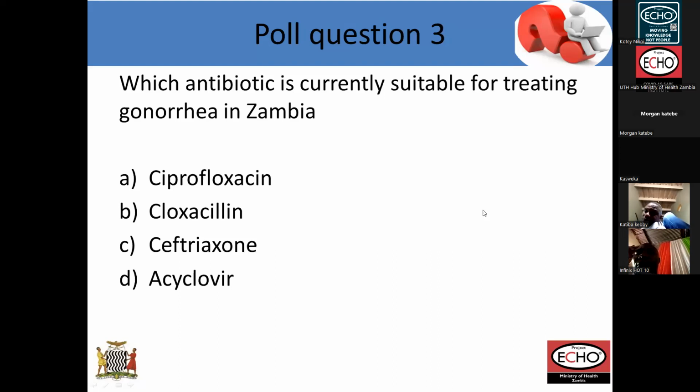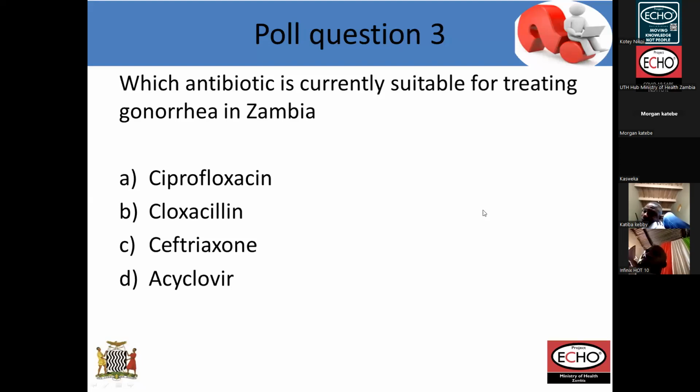I don't know about availability in terms of the rural health, but at the district level, I think it would be good, especially for someone you suspect really to have syphilis, to send a sample there and they do the titer for you.